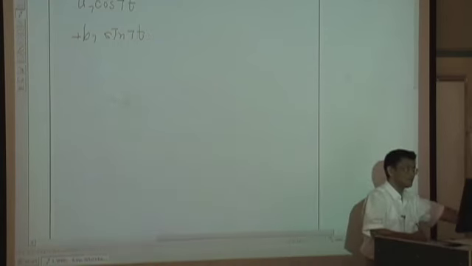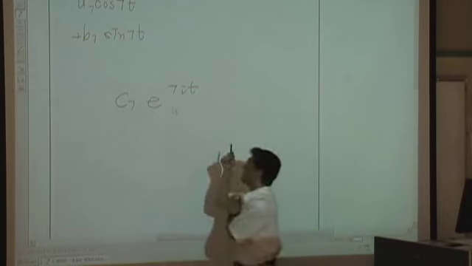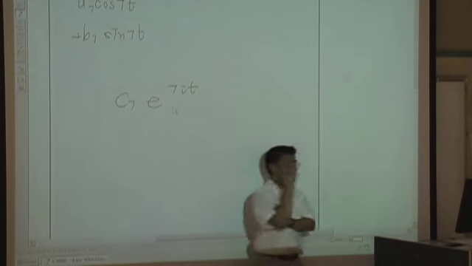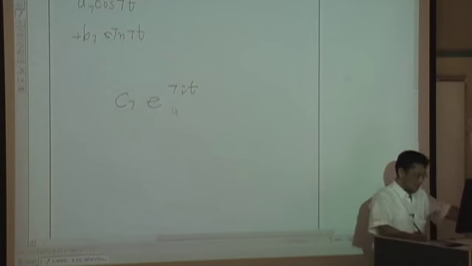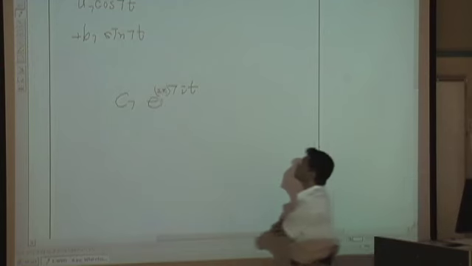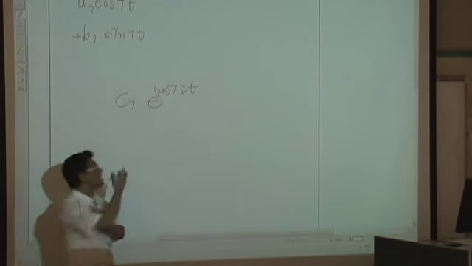How? Just C sub 7 times e to the power of 7it will do it. Or 7i pi t, something like that, right? So we just adjust those things a little bit. And after this, I will use 2 times pi also, right? 2 times pi is typically added. But it doesn't matter. In any case, we do this kind of thing.